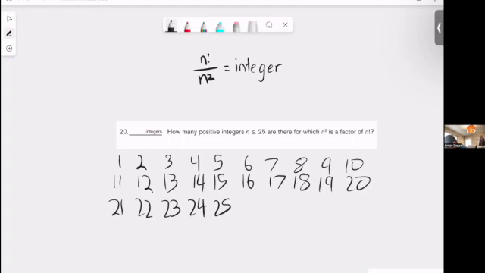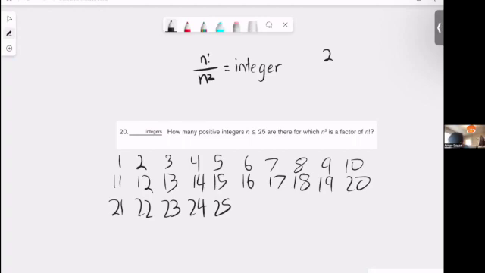So we can start looking at some special types of numbers. We first look at prime numbers. A reminder, prime numbers are numbers that are only divisible by 1 and themselves. So for example, 2 is divisible by only 2 and 1 and no other number, so it'll be prime.